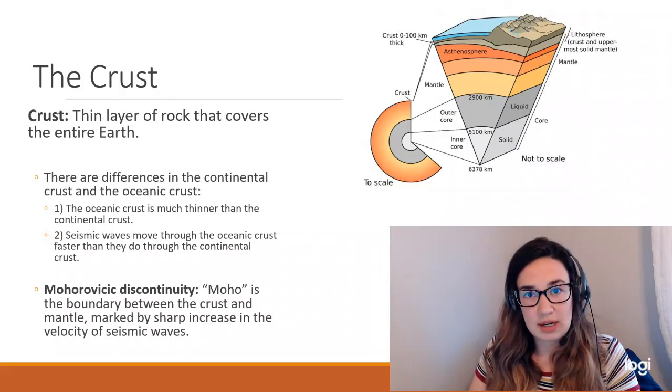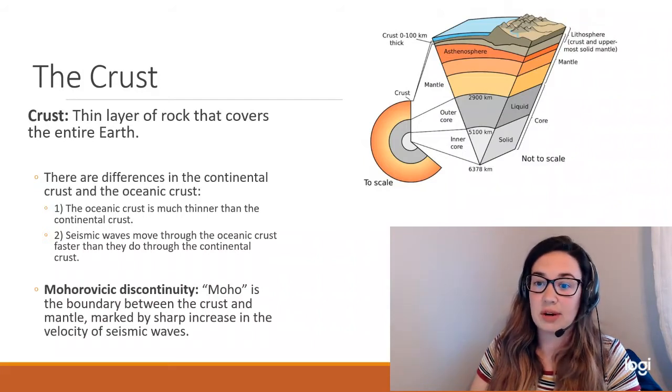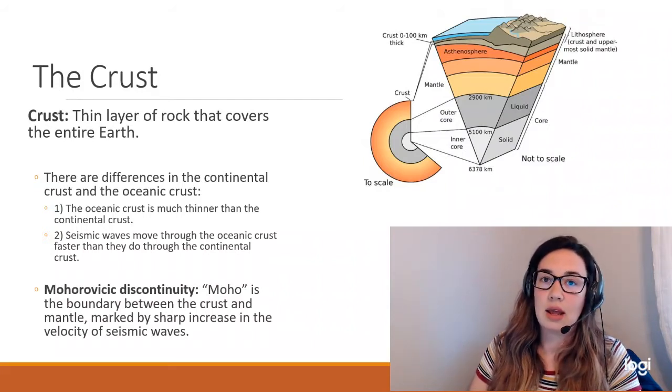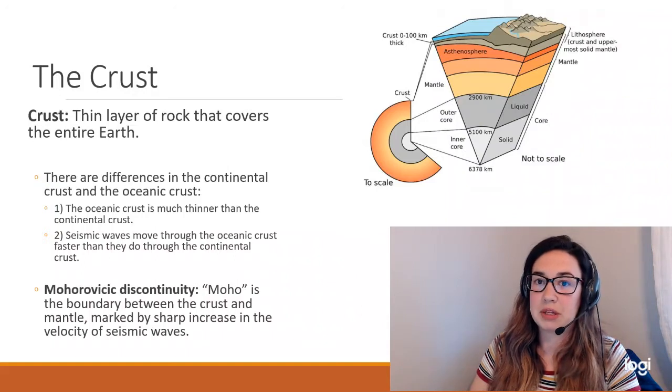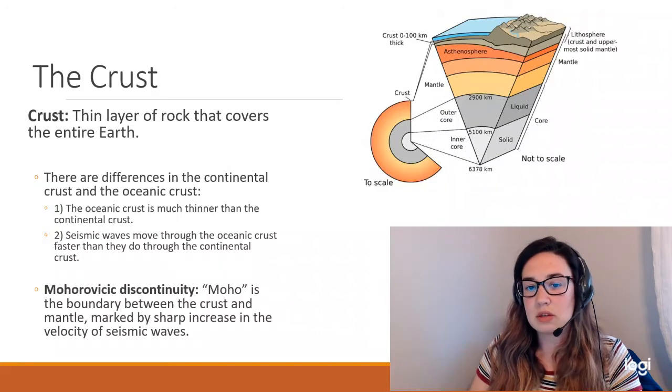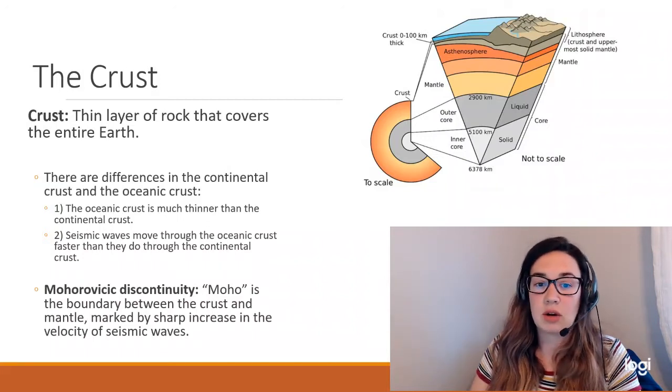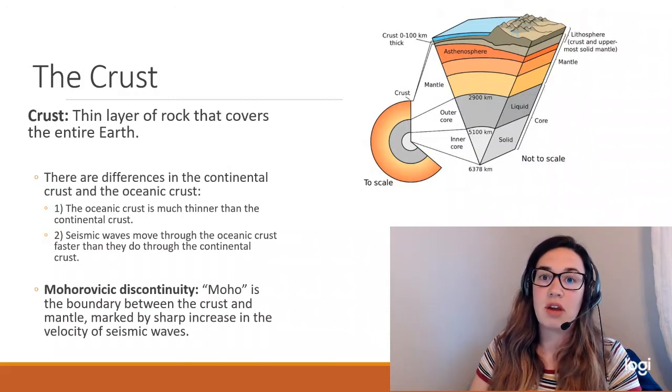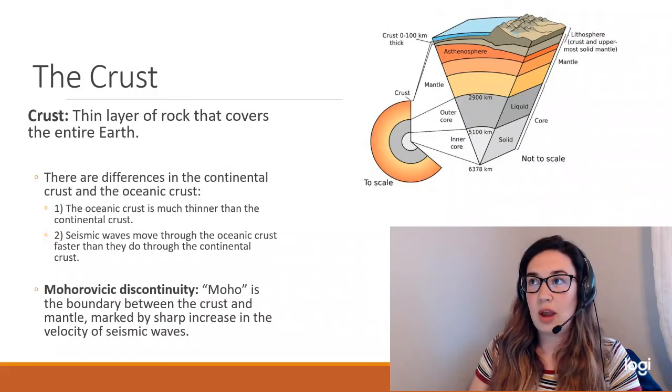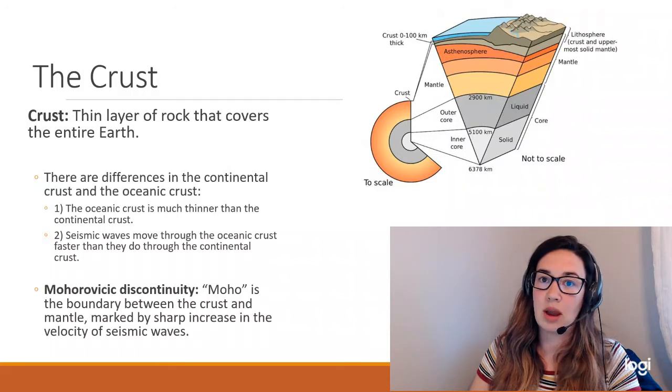The oceanic crust is much thinner than the continental crust, likely because it's been compressed by all of the weight of water over time. Seismic waves also move through the oceanic crust faster than they do through the continental crust. When you have instances of seismic waves moving through oceanic crust, this is when you get tsunamis happening, whereas if you have seismic waves moving through the continental crust, you have earthquakes.